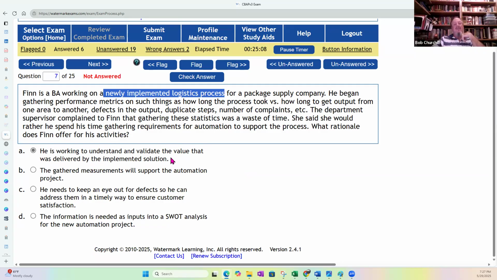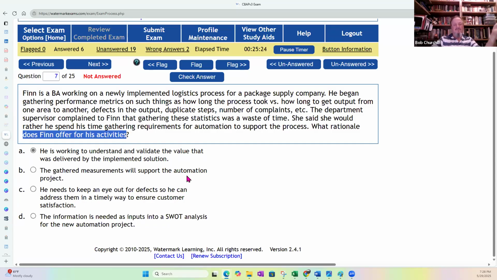He's trying to understand and validate the value that was delivered by the implemented solution. Yeah, because the question is how does Finn, who was doing the analysis on the existing system, justify what he's doing? Yeah, I agree with Bob.